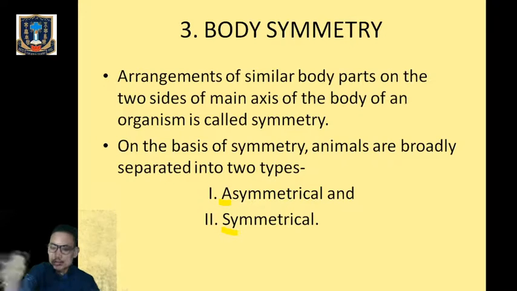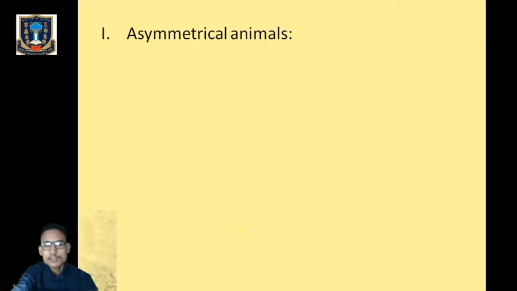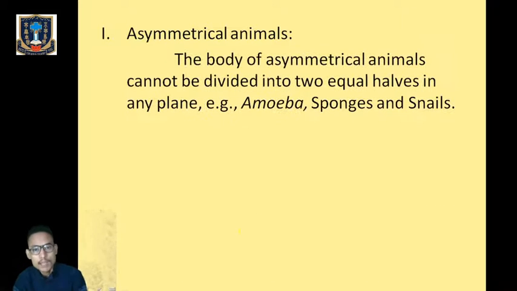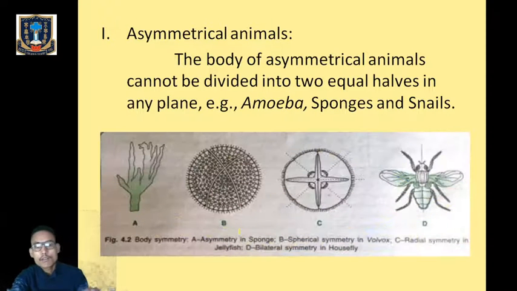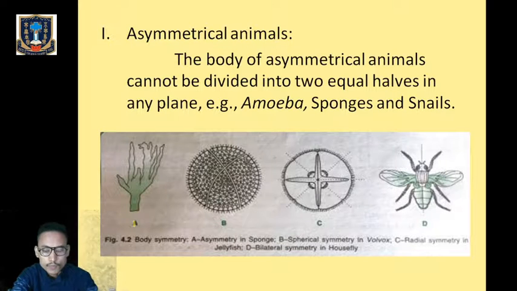So let's go through it. What do asymmetrical and symmetrical animals mean? First one, we have got asymmetrical animals. The body of asymmetrical animals cannot be divided into two equal halves in any plane. If you try to cut a sponge into two equal halves, look over here, this is the sponge, figure A, where we are talking about an asymmetrical body form.